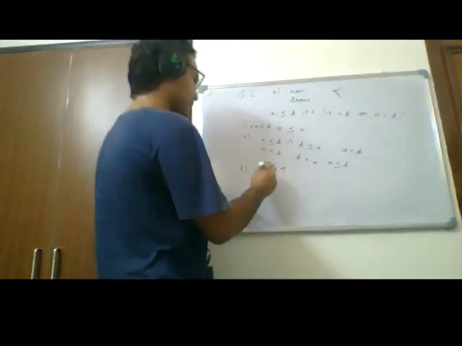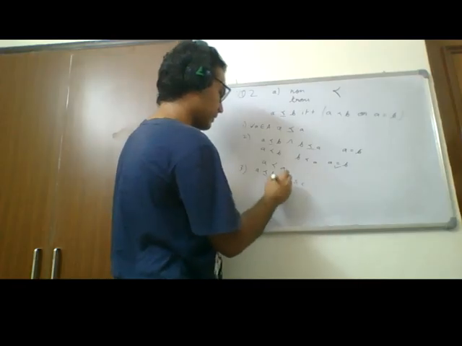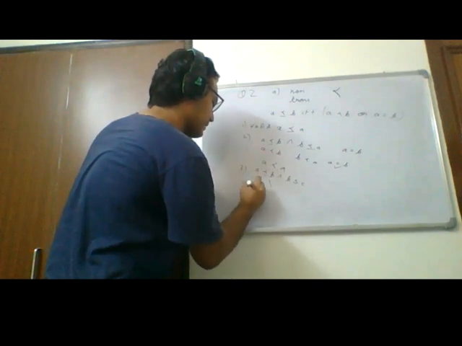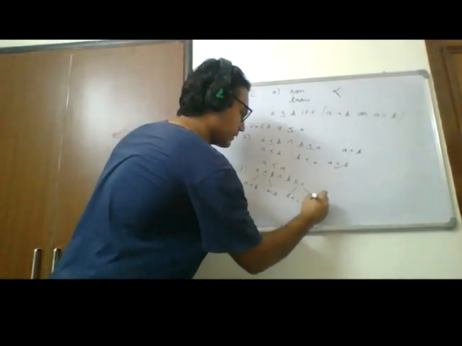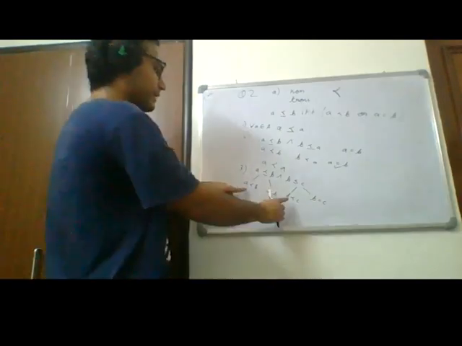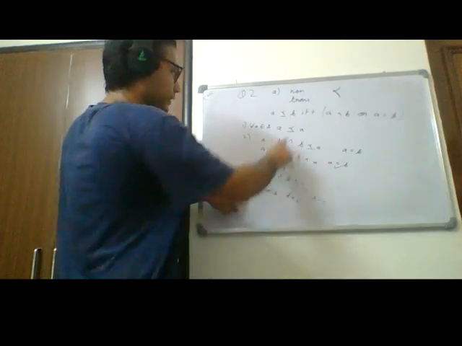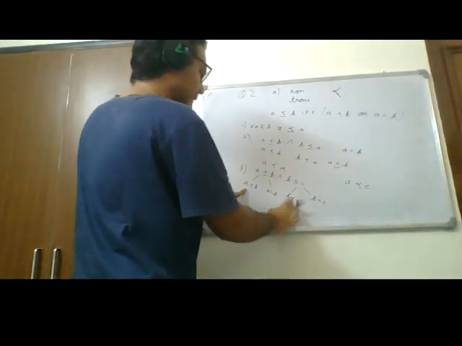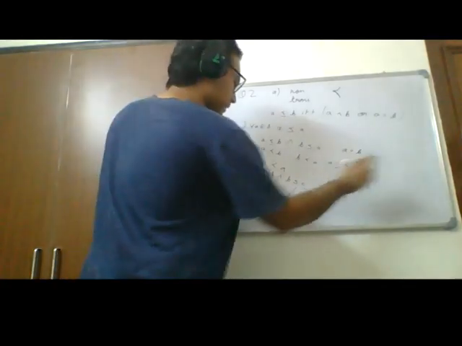Transitivity. A is less than or equal to B, and B is less than or equal to C. So either A is less than B or A is equal to B, and either B is less than C or B is equal to C. We'll go case by case. If A is less than B and B is less than C, then by transitivity of the simple order, A is less than C. If B is equal to C, then A is less than C, so we're done.